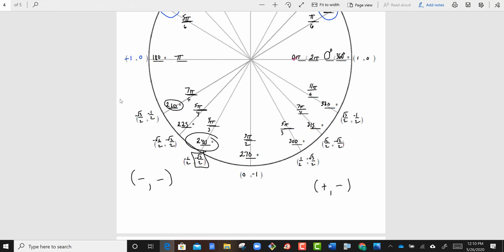So that tells us the sine of 240 is negative radical 3 over 2. Likewise, the cosine of 240 would be the x-coordinate, so it would be negative 1/2.